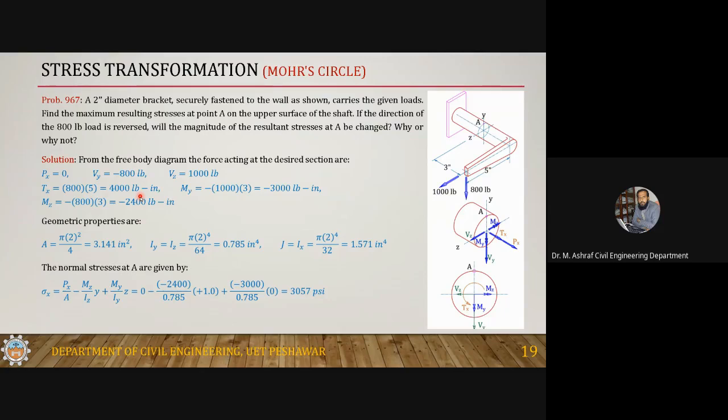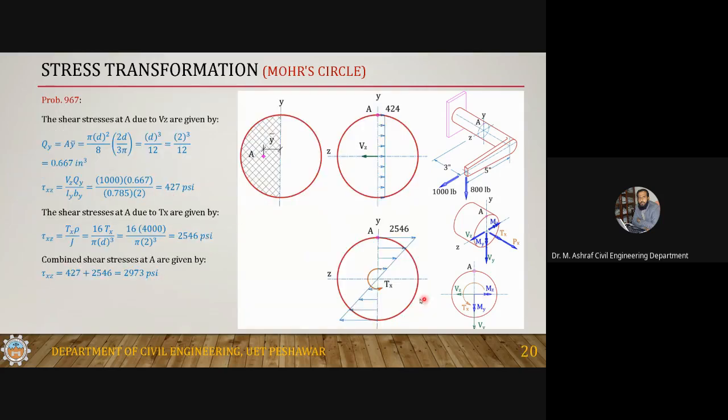It will not reverse the VZ, but it will reverse its direction. This positive side will be negative side, and this negative side will be positive. Then at A, both stresses will not be added to each other. Rather, it should be 427 minus 2546, so you will get a negative and lesser stress at point A.